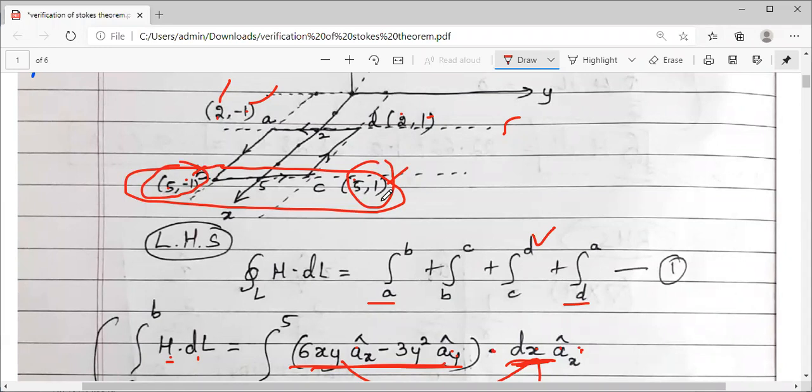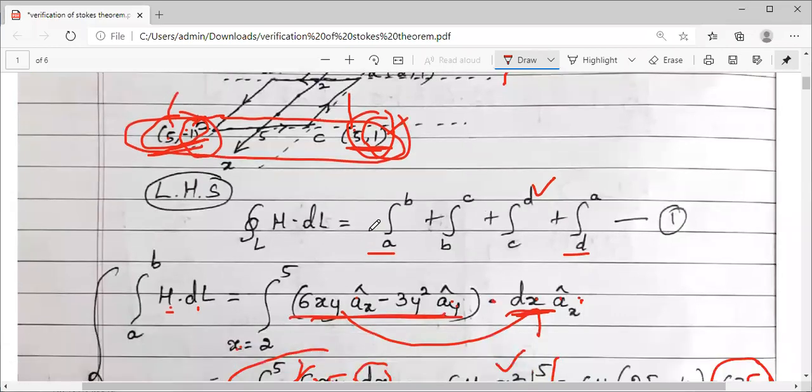Anyone would like to answer? Which coordinate is changing? Yes, y is changing, from -1 to 1. But you can see the x value is 5 for both. It is the same. So the change is now with respect to y.